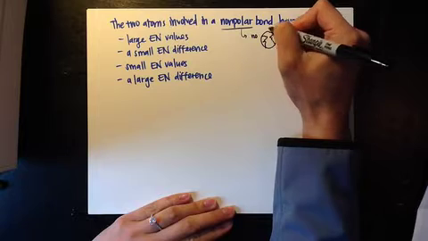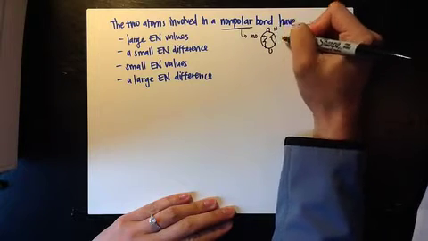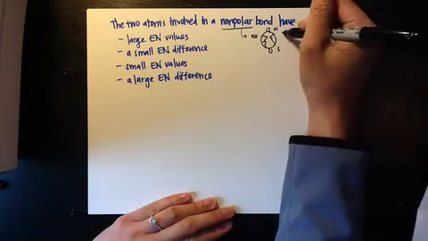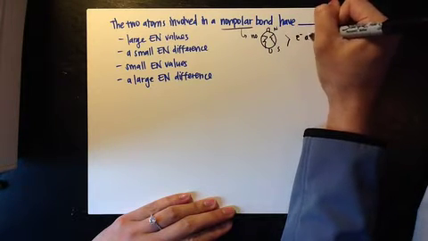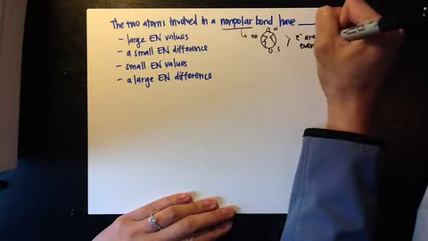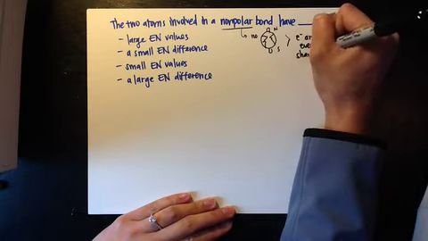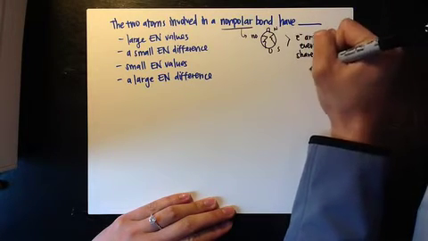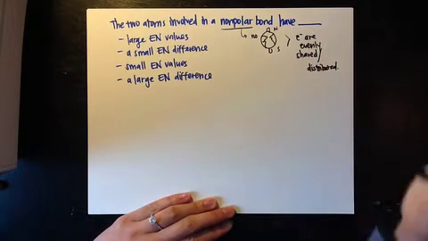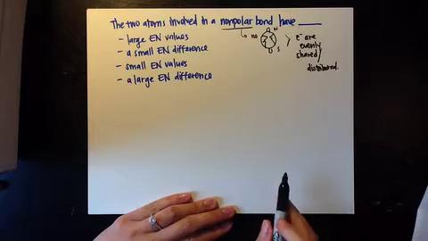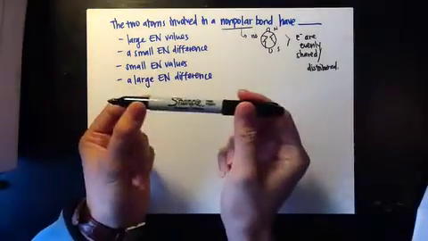So I'm going to draw my Earth, no poles, no north, no south. So that means my electrons are evenly shared, or the other word is distributed.